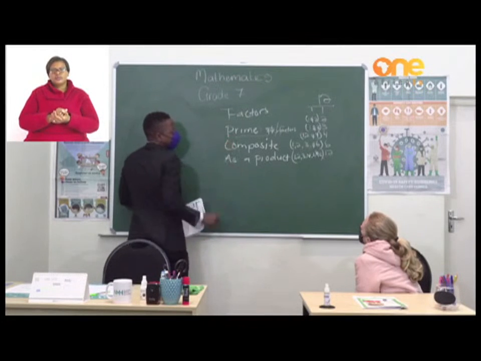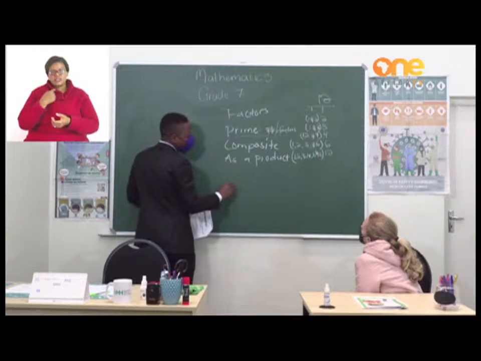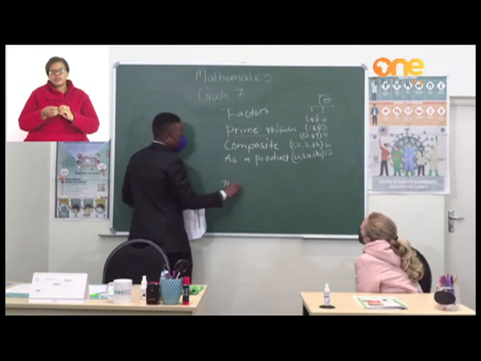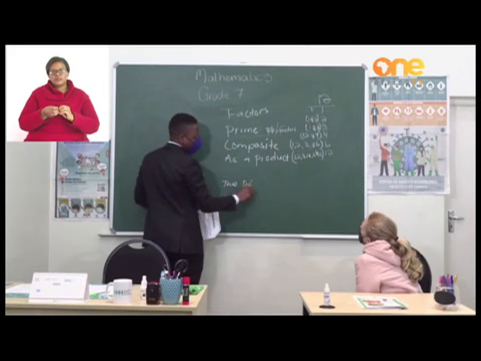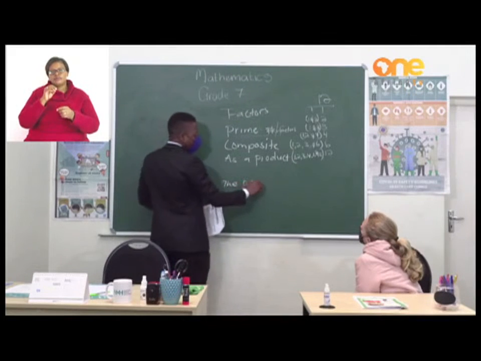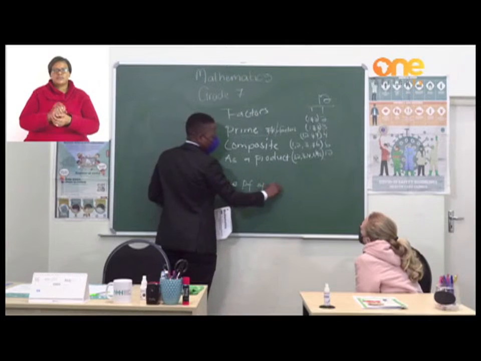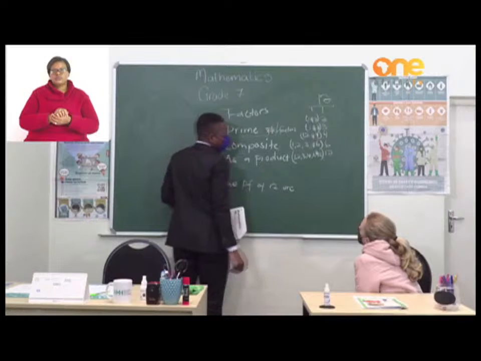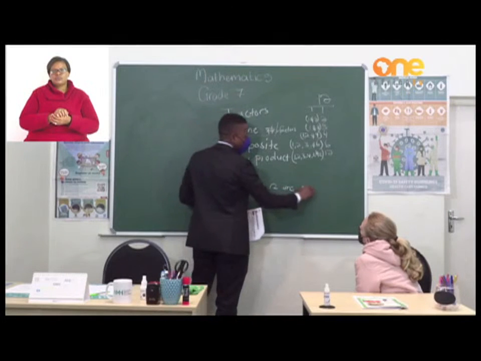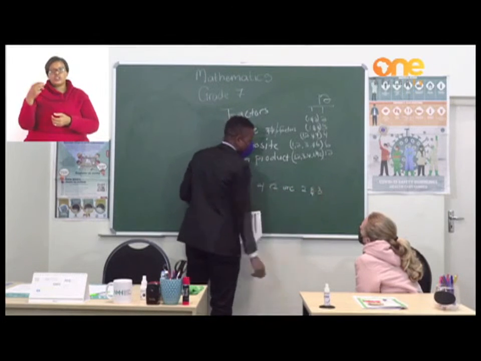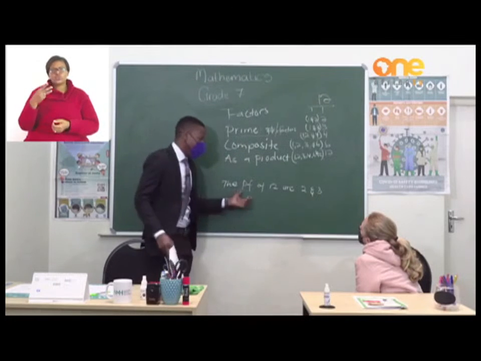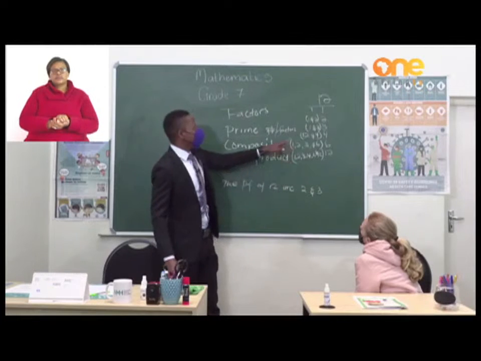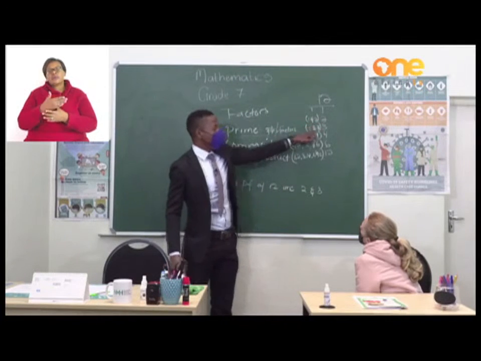To answer this, the prime factors of 12 are 2 and 3. Why? Because they are only having two factors.